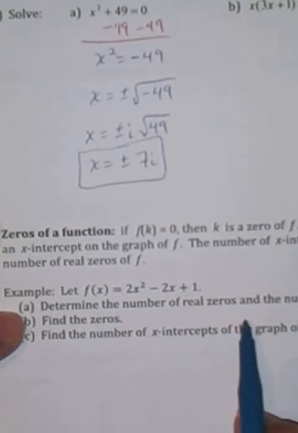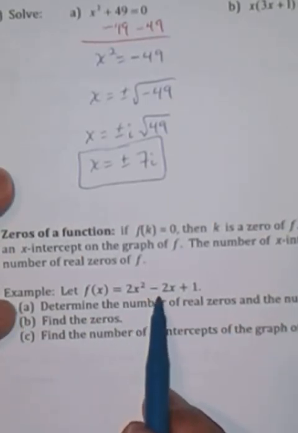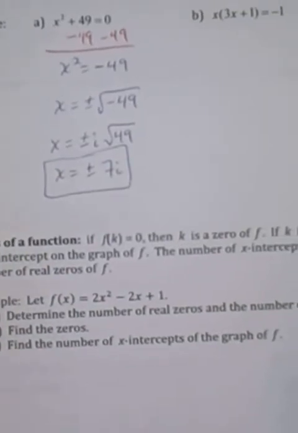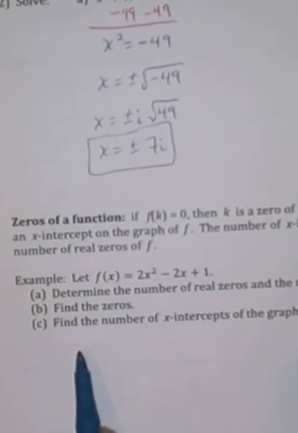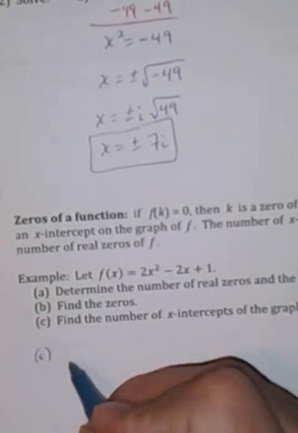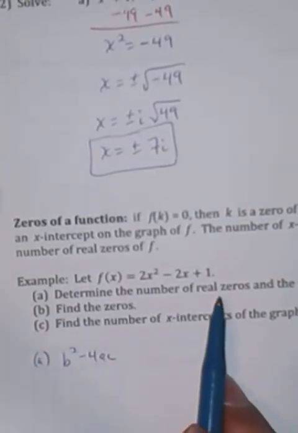Determine the number of real zeros and the number of complex zeros. We can actually do that by using the discriminant. The discriminant is b squared minus 4ac, and this will tell us how many real zeros we have.